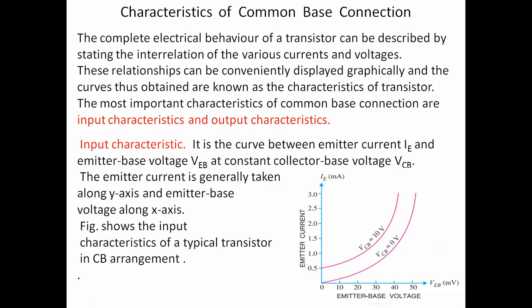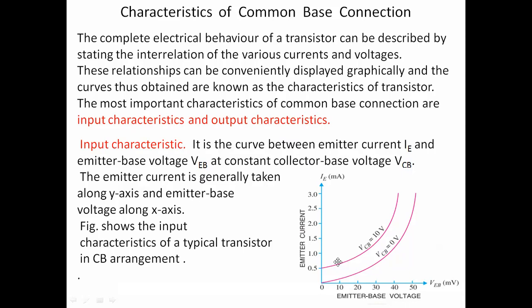To analyze the characteristics of a transistor, we have to use two types of characteristics: input characteristics and output characteristics. Coming to input characteristics, it is the curve between emitter current and emitter base voltage VBE at constant collector base voltage.